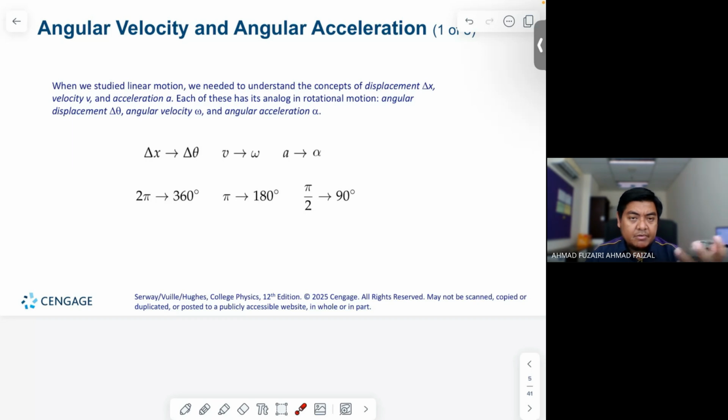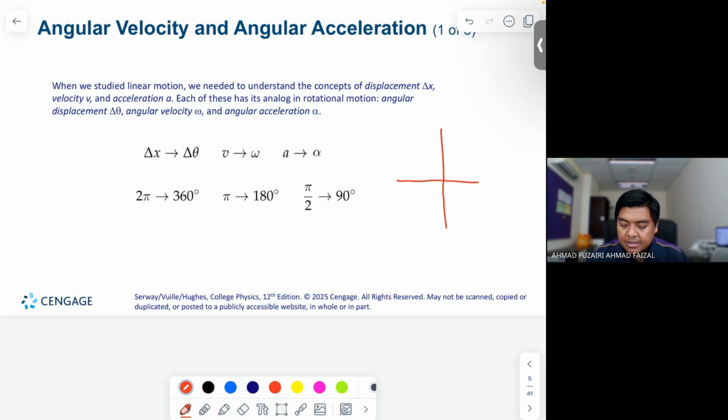And when we talk about rotations, we need to define that in one rotation, we will see, for example, a Cartesian coordinate like this.